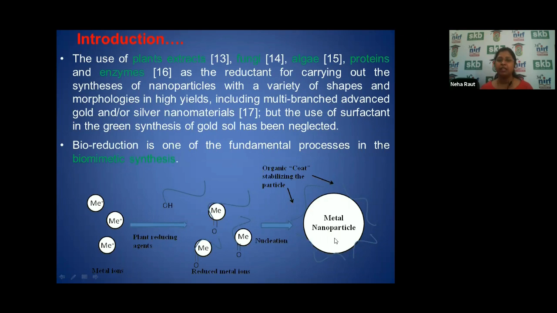And this metal nanoparticle has a coat of OH. As I discussed in the abstract part, this OH acts as a capping of the metal nanoparticle. So this organic coat stabilizes the particle. This is the general bioreduction process that occurs when we treat phytoconstituents with metal ions.